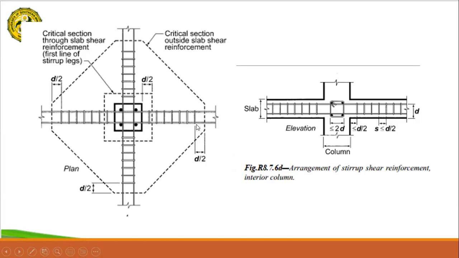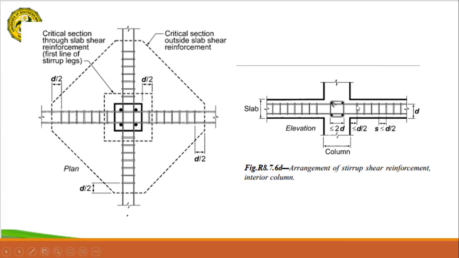And the spacing of the stirrups here is d/2, and also in this north-south direction is again d/2. So looking at the elevation of the slab and column joint, our effective depth is from the surface of the concrete to the center of the bar cross section.